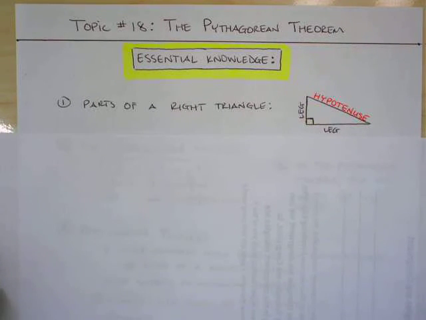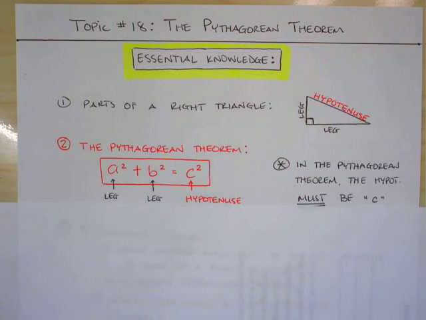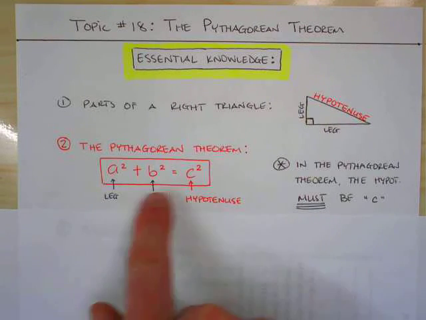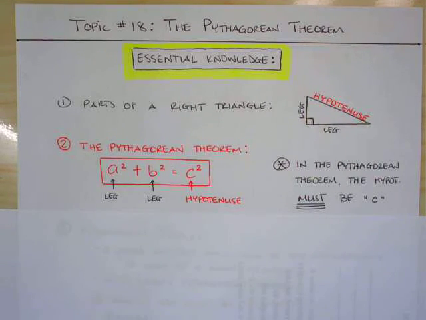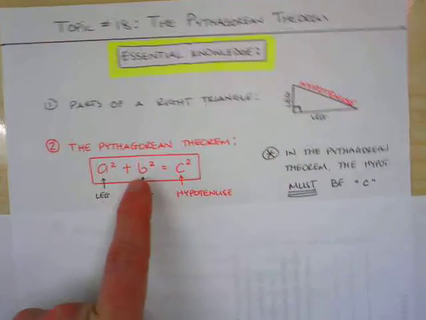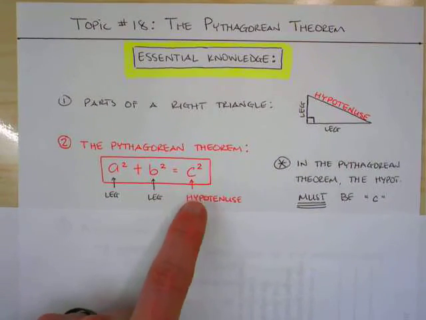The next thing we are going to talk about is the Pythagorean theorem itself. The Pythagorean theorem is a squared plus b squared equals c squared. And remember, it's important for us to correctly identify the hypotenuse, the longest side. If we have the hypotenuse incorrect, then everything we do with this formula is going to be off.